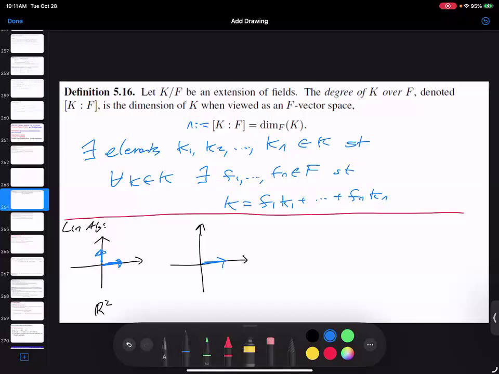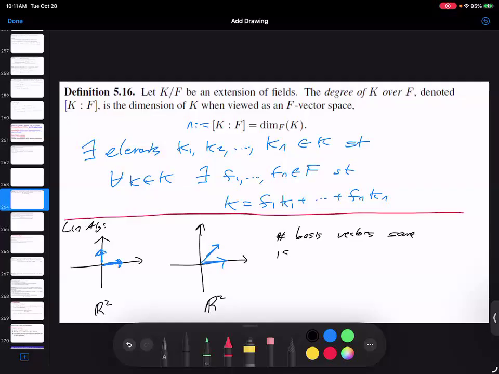One of them is going to be (1, 0), and the other one is going to be (1, 1). Would that be a basis? Yeah. This is a basis as well. They have the same number of basis vectors.